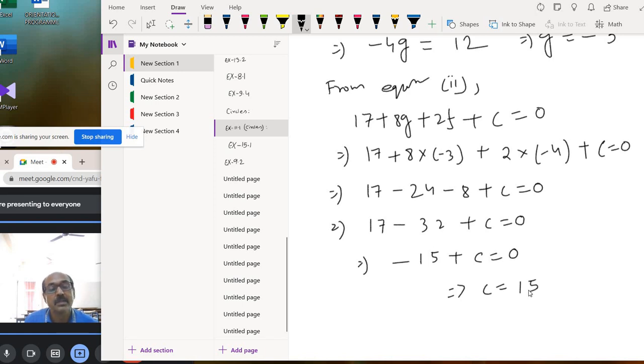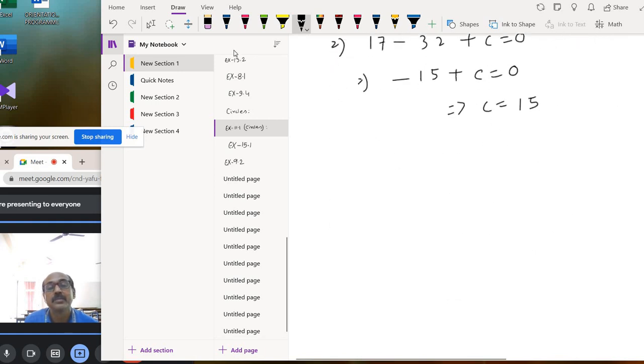Now putting the values of f, g and c in equation 1.